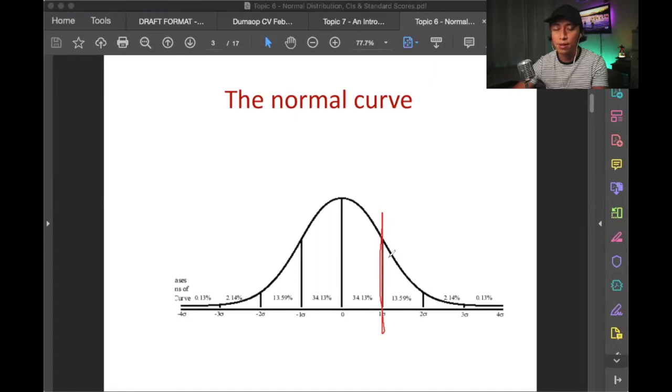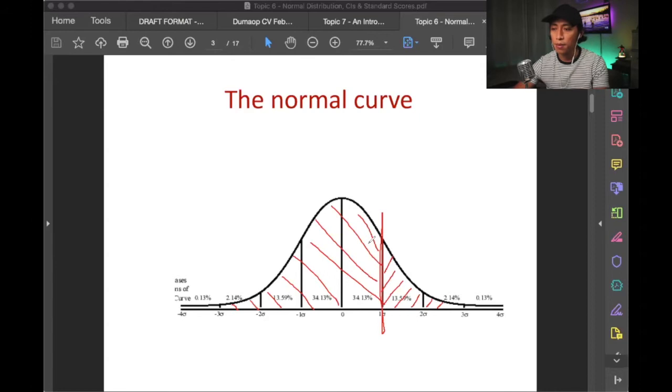Using the table of normal distribution, we can make statements about the percentages of scores that are higher than that given raw score, or the proportion of scores relative to the whole above it. Same thing here, we can also talk about the percentages of scores that are below that raw score, or the proportion of scores relative to the entire distribution that are below it.